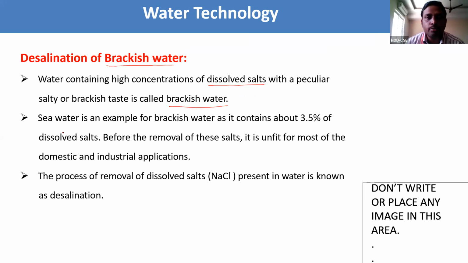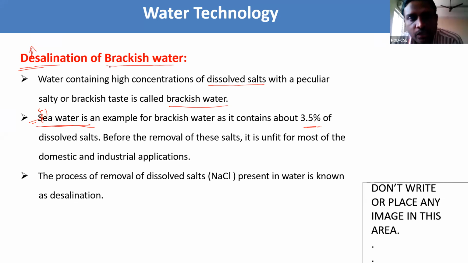An example of brackish water is seawater, which contains about 3.5% of dissolved salts. The process of removal of these dissolved salts present in the water is called desalination.